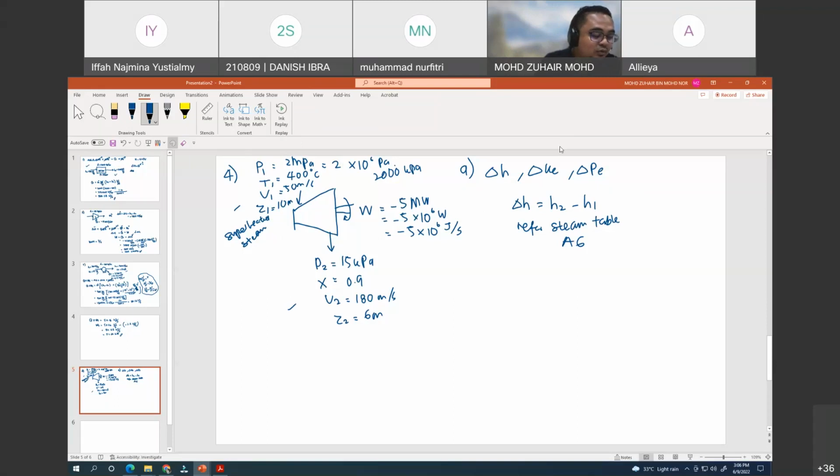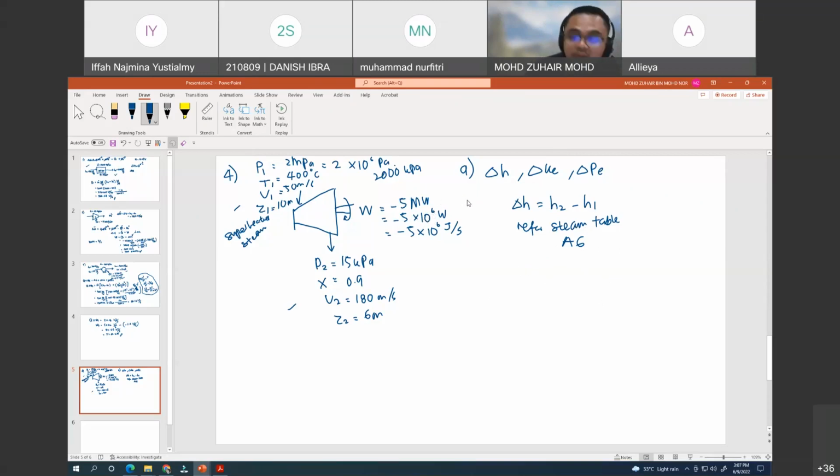So please go to table A6 to find H1. And for the steam table, please practice interpolation on how to calculate the value if it's not stated in the table. We have to do interpolation.